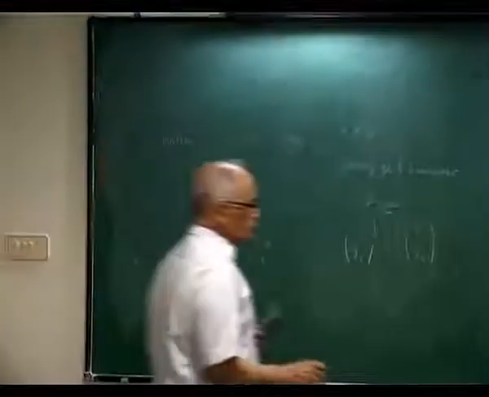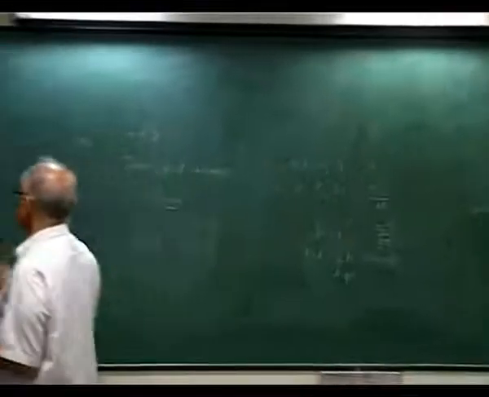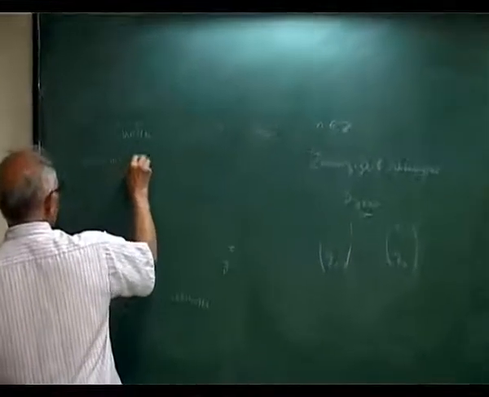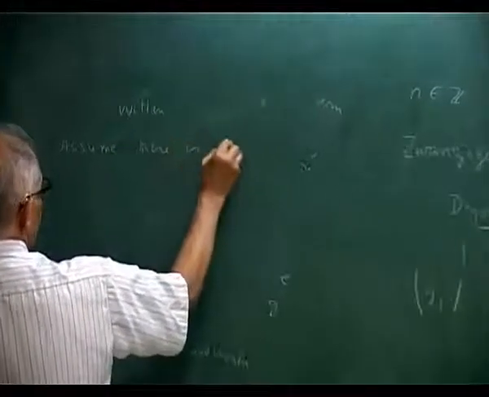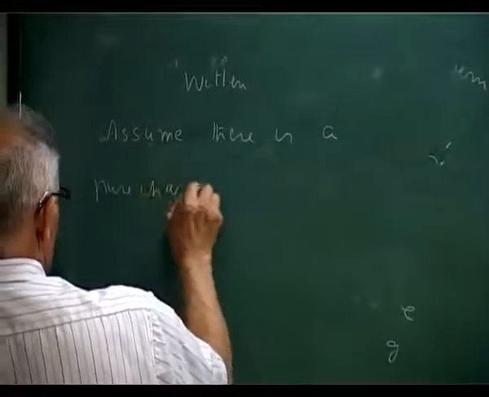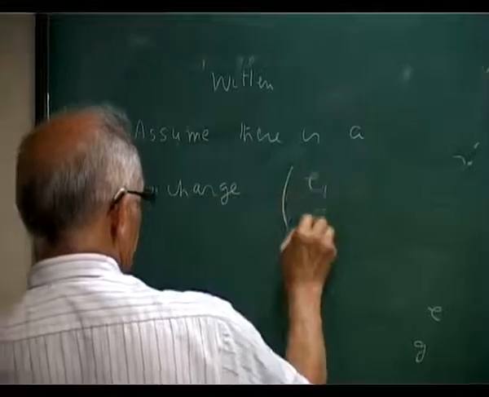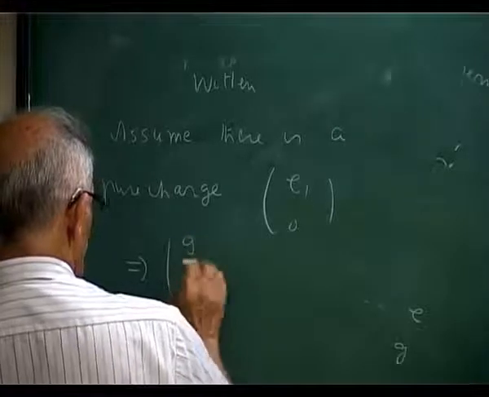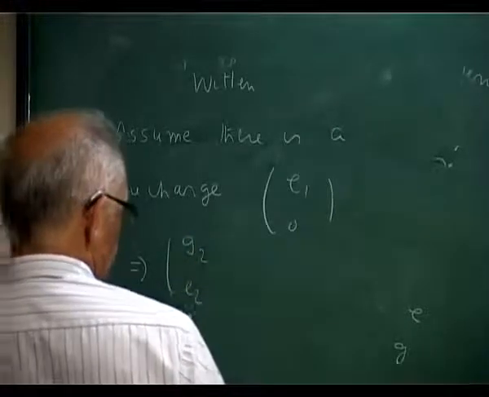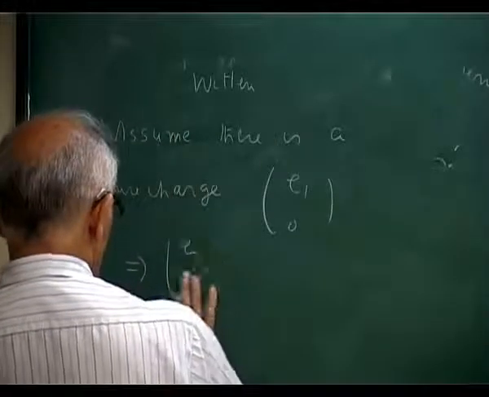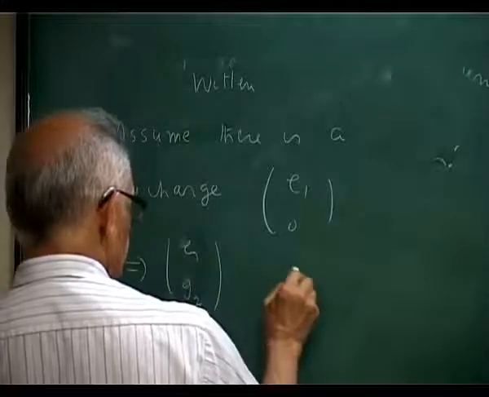So suppose I have this condition here, assume this. There is a pure charge, E1 0, which implies G1 G2 E2, where no, I should be careful, E2 G2, where G2 is quantized.